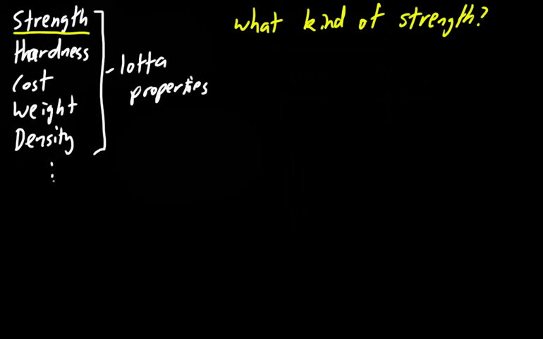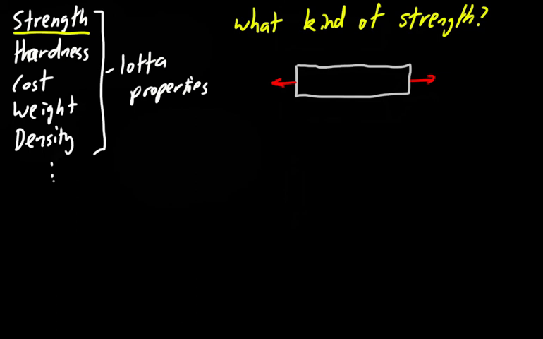Say I had some generalized material, just a rectangular block of something. I can apply forces in a variety of different ways, and different materials will be stronger in different ways. If I pull the material, that applies a force across this way.